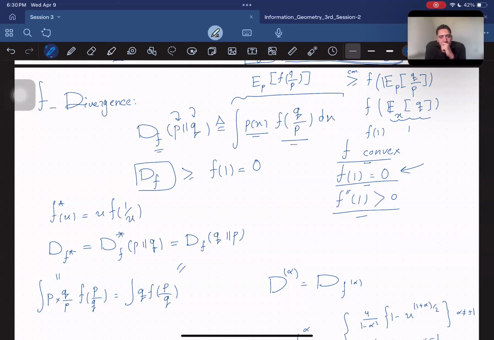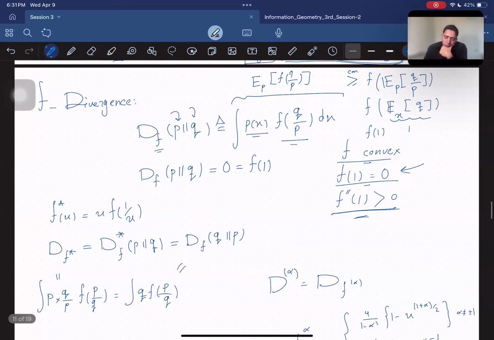The other thing is the strict convexity at the diagonal, which we already have here. And also, if we consider Df of P and Q to be 0, then this is nothing but F of 1.